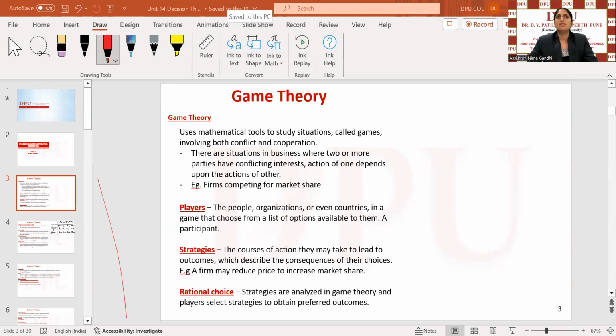So once they select the different strategies, they have to choose one strategy among all of them, or they can make a mix. They can select multiple strategies at a time, right? Sometimes they go for a single strategy to get their goal. Sometimes they follow multiple strategies, a combination of strategies.